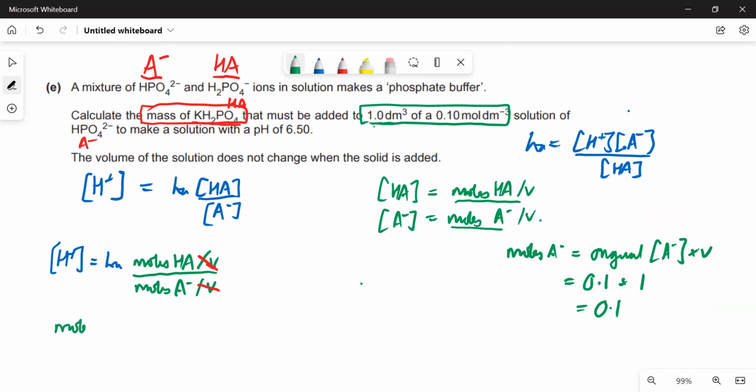Moles HA is going to be equal to H plus concentration divided by Ka, multiplied by moles of A minus. And we know all of those.